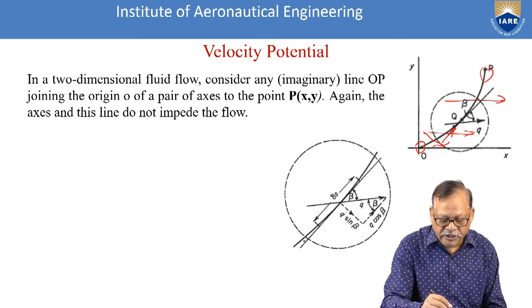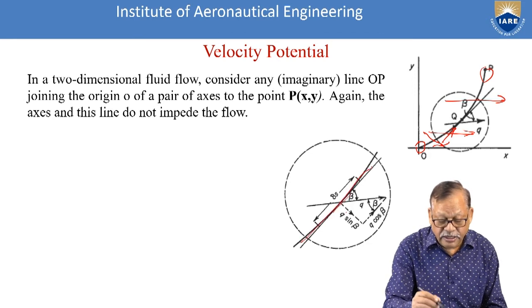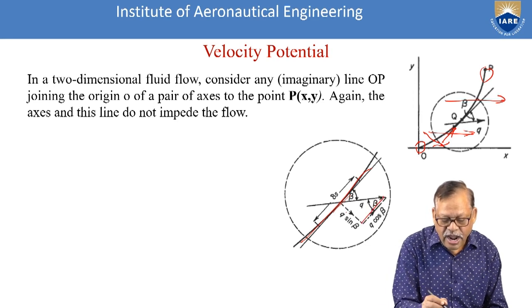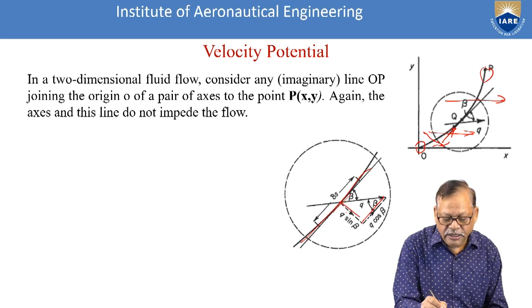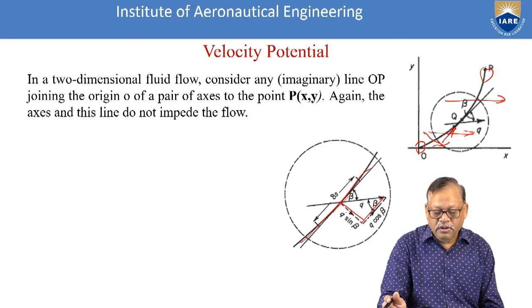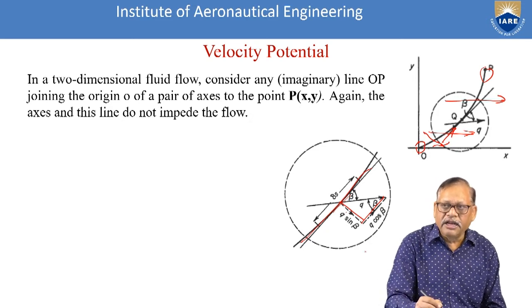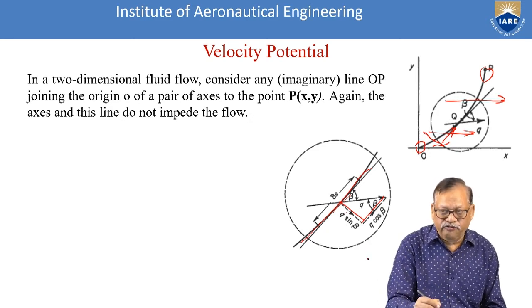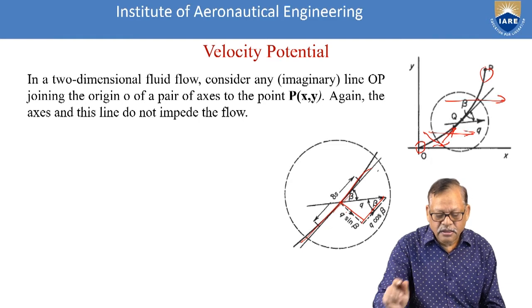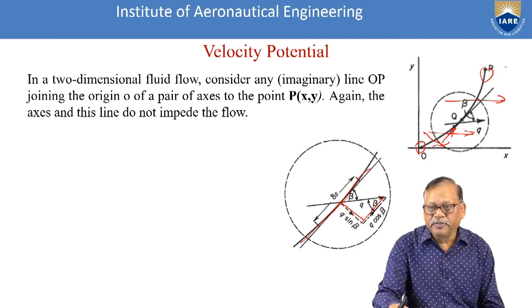If first of all you draw a tangent like this, then Q cos beta is going parallel to the tangent, and Q sine beta is normal to it. So our objective is how much fluid is passing through Q cos beta, that means along the line O to P.